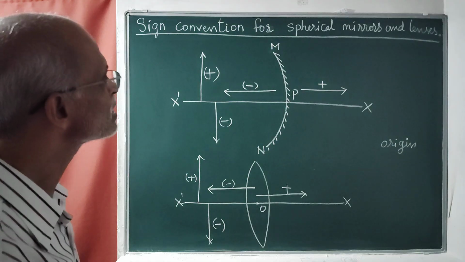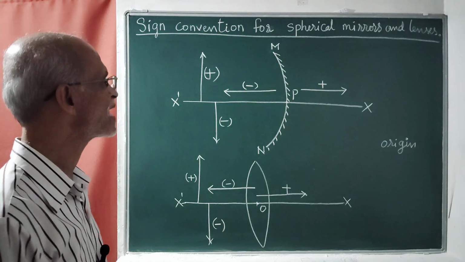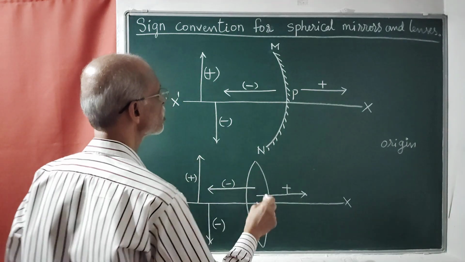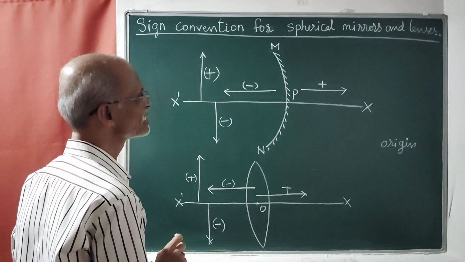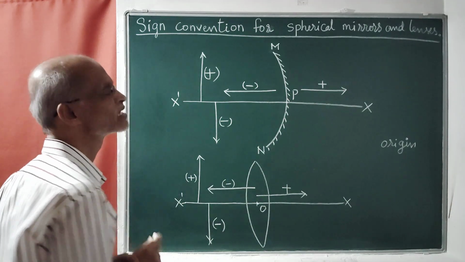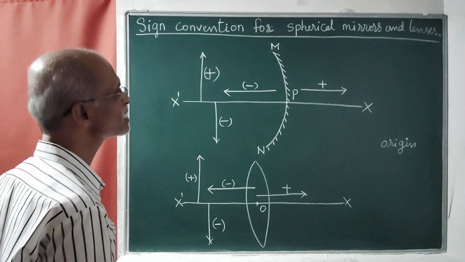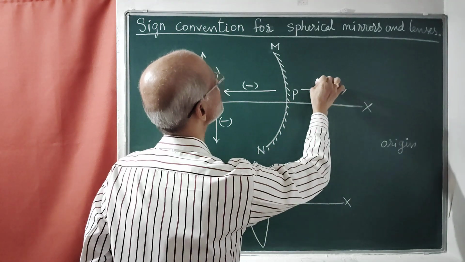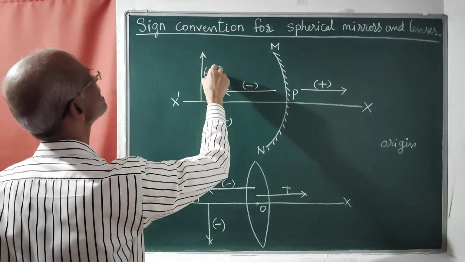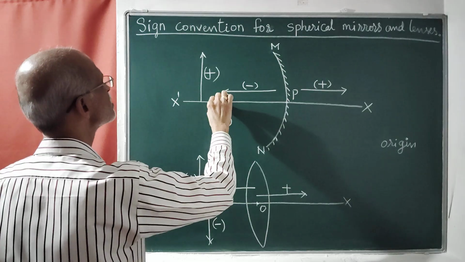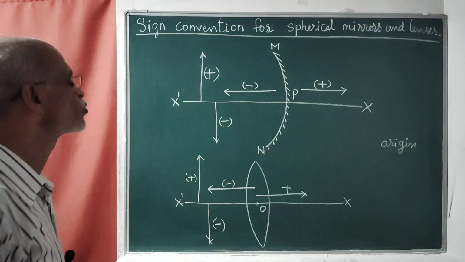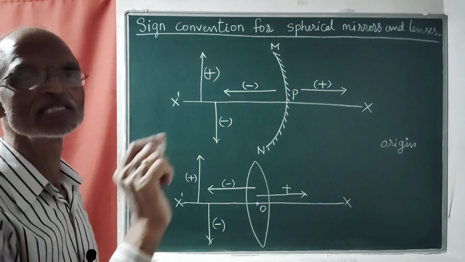Next, all the distances that are parallel to the principal axis have to be measured from the pole of the mirror or the optic center of the lens. The distance that you measure towards the left side will carry a minus sign. The distance towards the right side will carry a plus sign. The distance that you measure upwards will carry a plus sign. If you measure downwards, it will carry a minus sign. They are the sign conventions that you need to remember while solving the sums.